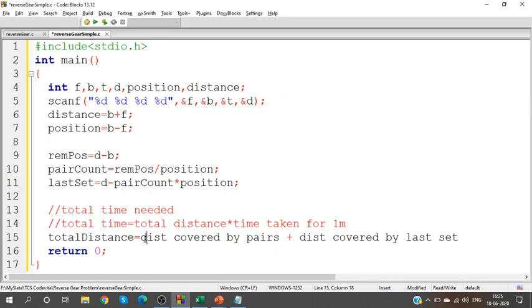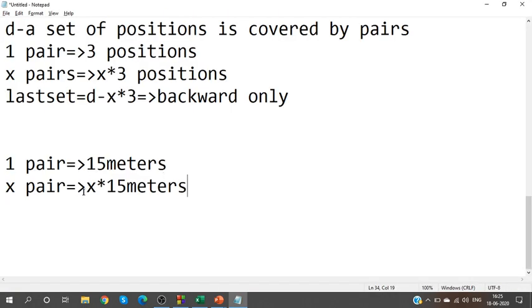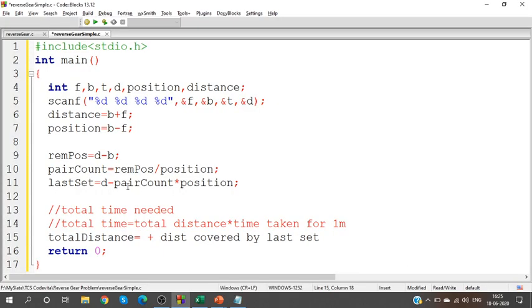So how will I calculate the distance covered by pairs? Distance covered by pairs is the number of pairs into the distance covered by one pair.